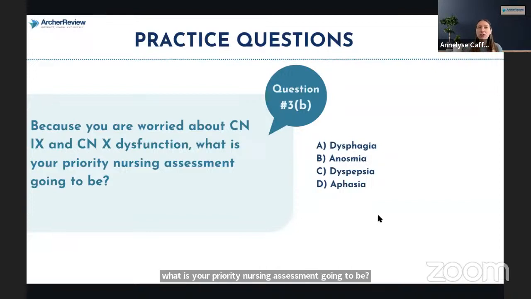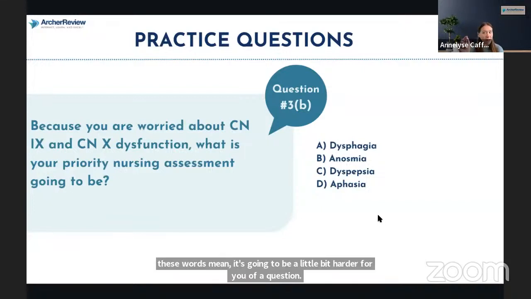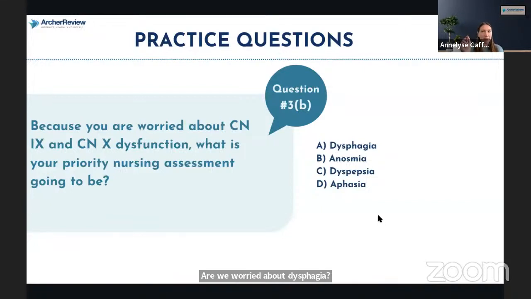And I've left this question a little hard for you guys to challenge you because I've used the medical terms for some of these things. So if you don't know what these words mean, it's going to be a little bit harder for you of a question. Are we worried about dysphagia, insomnia, insomnia sounds like an inability to sleep, insomnia, dyspepsia, or aphasia?